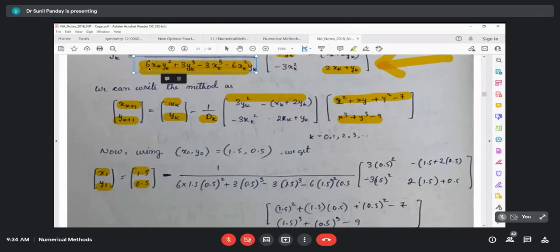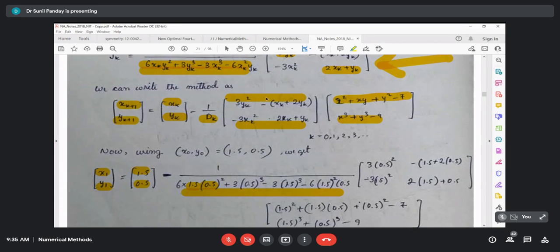In D k, if you substitute x naught is 1.5 and y naught is 0.5, we get 0.5 raised to power 2 plus 3, 0.5 raised to power 3 minus like this. So we have evaluated this D k at the point x naught y naught.